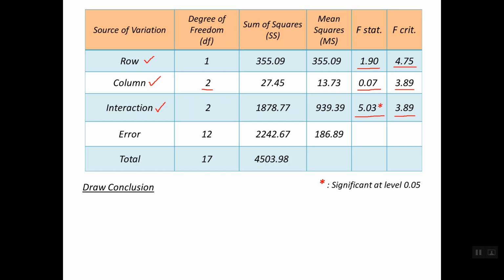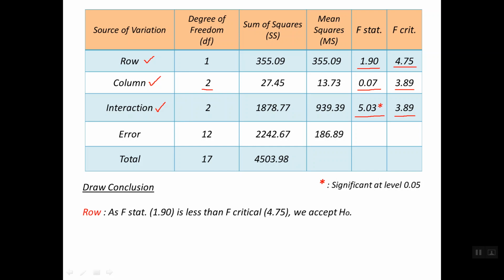So we have an interaction. So as you see here, for the first 2 factors, there is no significance, while for the interaction we have a significance at level 0.05 or at confidence level of 95%.